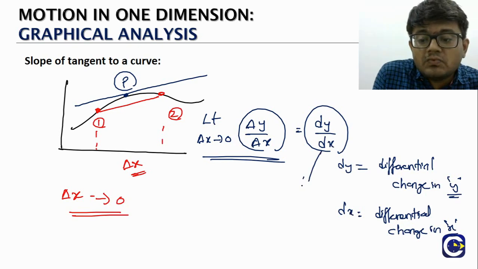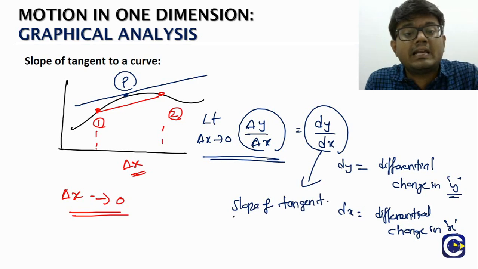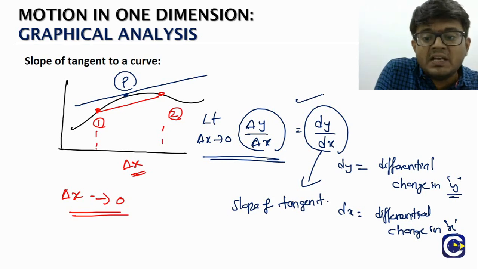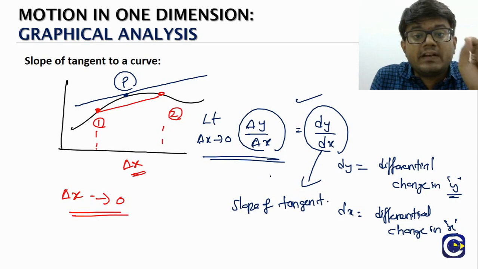So this is what will be given by the slope of the tangent. Whenever we draw a tangent, tangent means the line that touches the curve at a single point. When you draw a tangent, the slope of the tangent will give us the rate of change of y with respect to x at a given point.